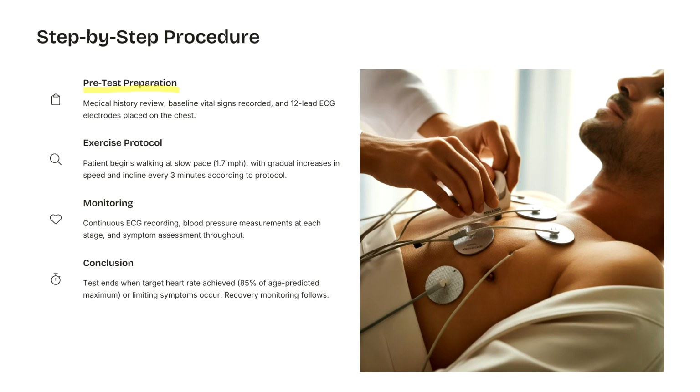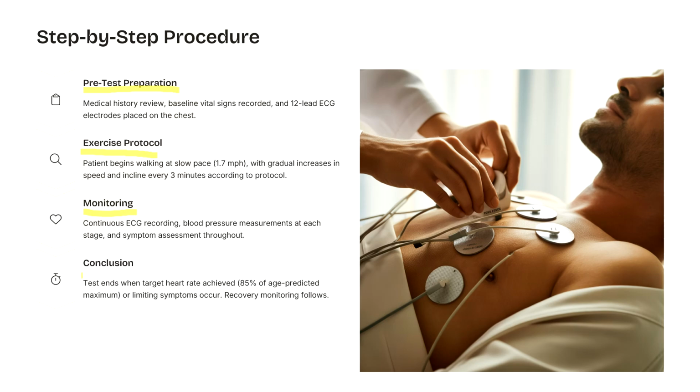Next is the exercise protocol. The patient begins walking at a slow pace, 1.7 miles per hour, with gradual increase in speed and incline every 3 minutes according to the protocol. Now monitoring: continuous ECG recording, blood pressure measurement at each stage, and symptom assessment throughout.